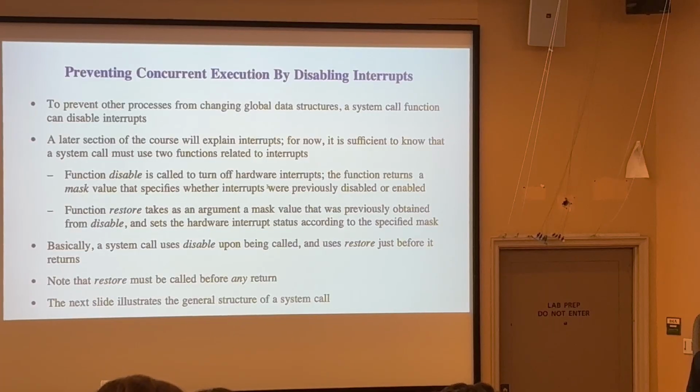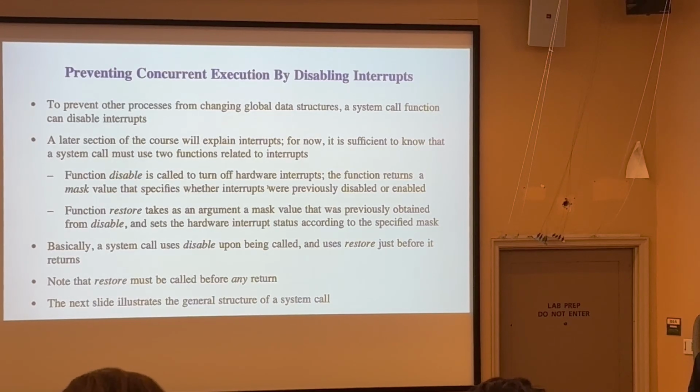Because in the future, when you finish executing this system call, you might want to restore the interrupt flag to the same as in the previous execution context. If the interrupt was disabled, you want to restore it to disabled. If it was enabled, you want to restore it to enabled.